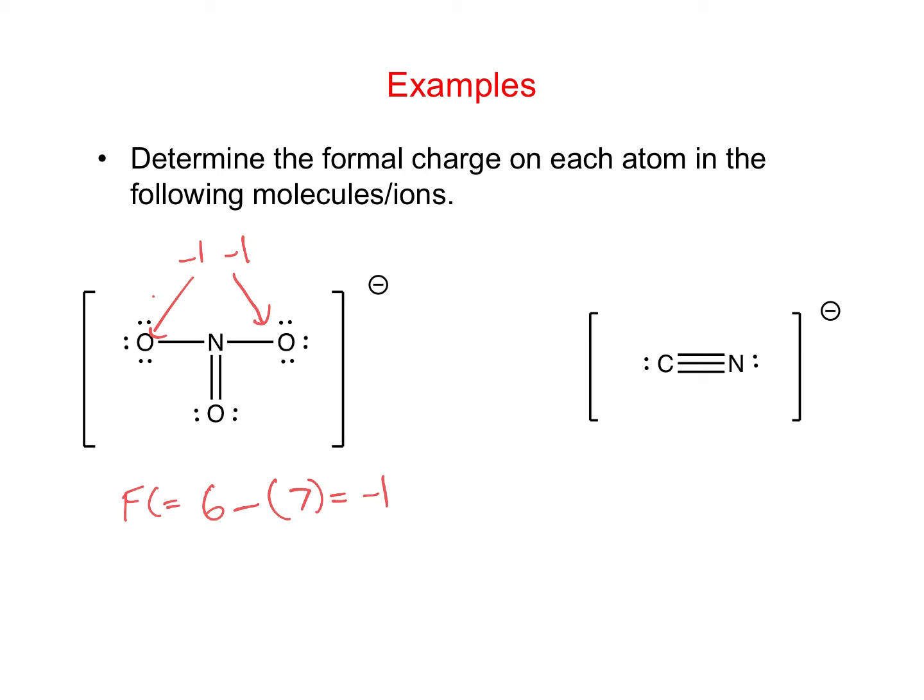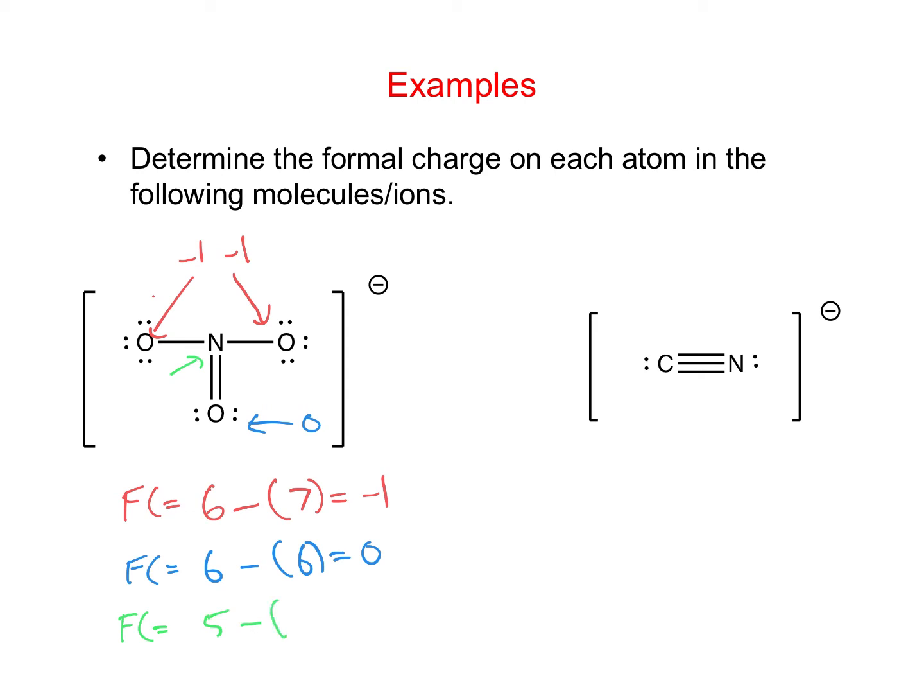All right, if we look at the other oxygen, we'll make that one blue. So the formal charge on that oxygen is going to be 6 again, minus. Now we have 4 balls, 2 sticks, so that's 6. So the formal charge on that oxygen is 0. And then we'll make the nitrogen green. And so the formal charge on that nitrogen normally has 5 valence electrons.